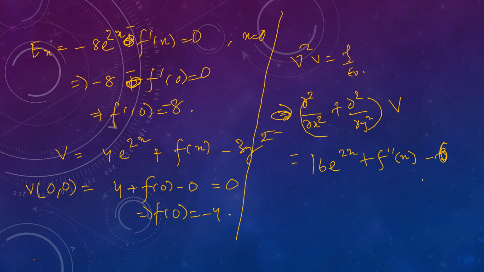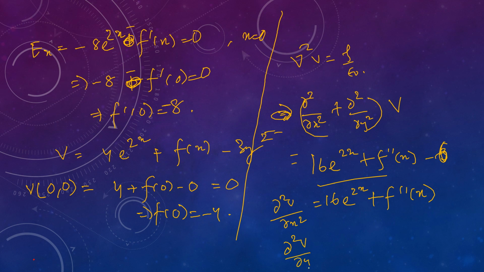This is your del square V by del x square, 16 e to the power 2x plus f double dash x, and del square V by del y square is minus 6.